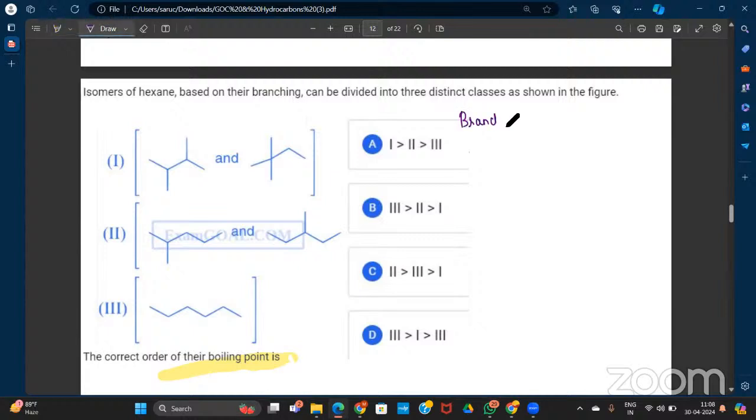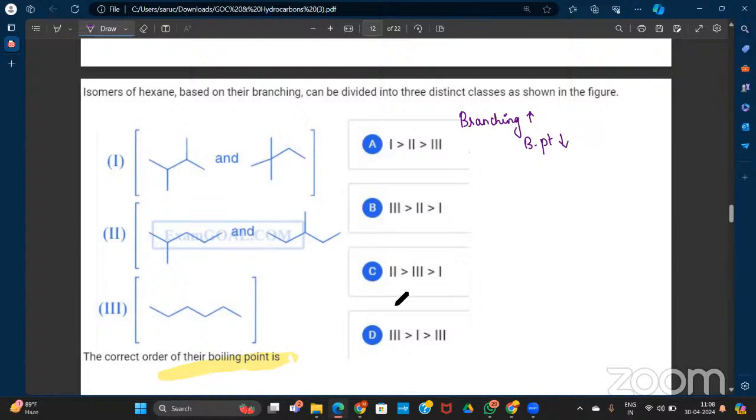What happens when the branching increases? The surface area decreases, so the boiling point will decrease because of the weaker van der Waals forces. So the one with the most branching will have the minimum boiling point, and the one with no branching at all will have the maximum boiling point.